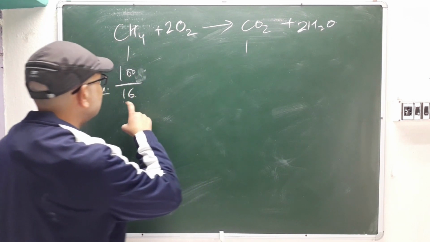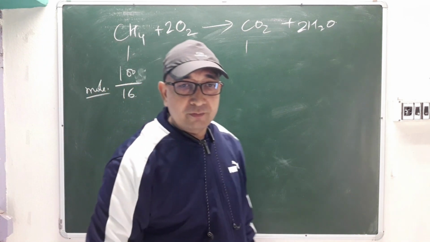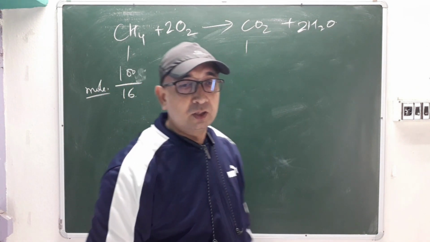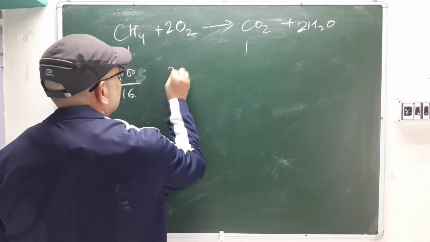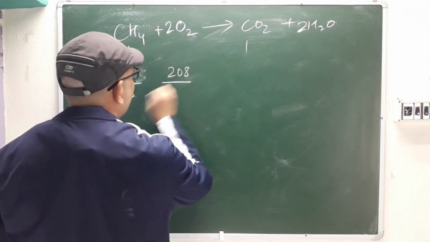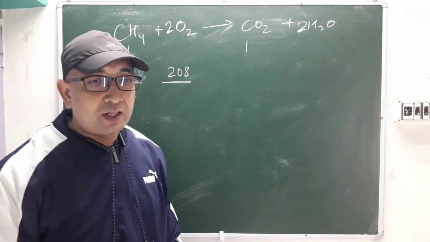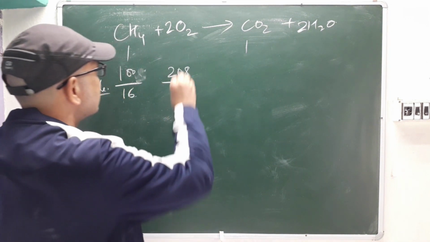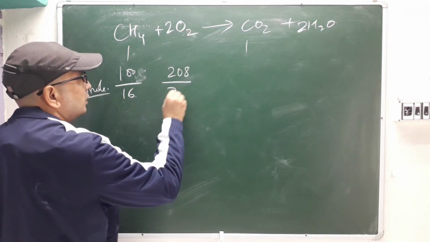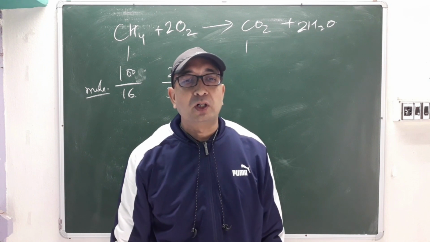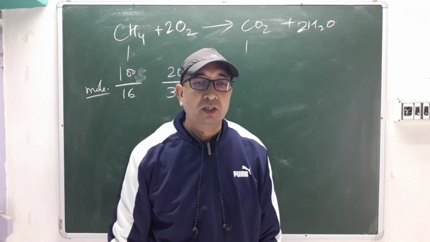And it is mixed with 208 gram of oxygen. So this will be 208 divided by the molecular weight, 32, so 16 into 2, 32, right? So 208 divided by 32. How much is it coming, we have to see.